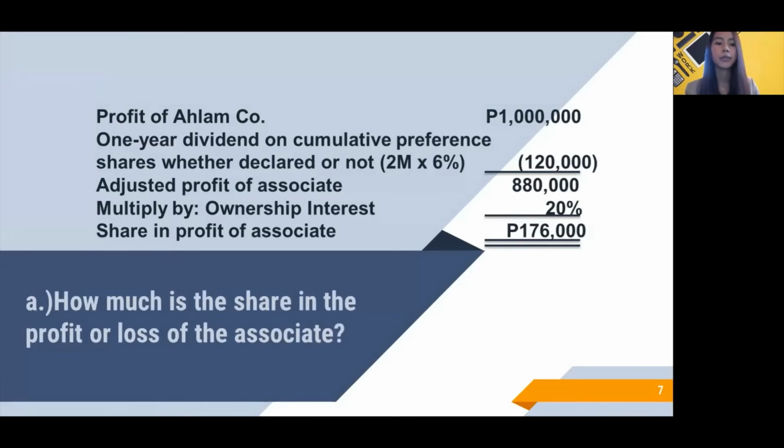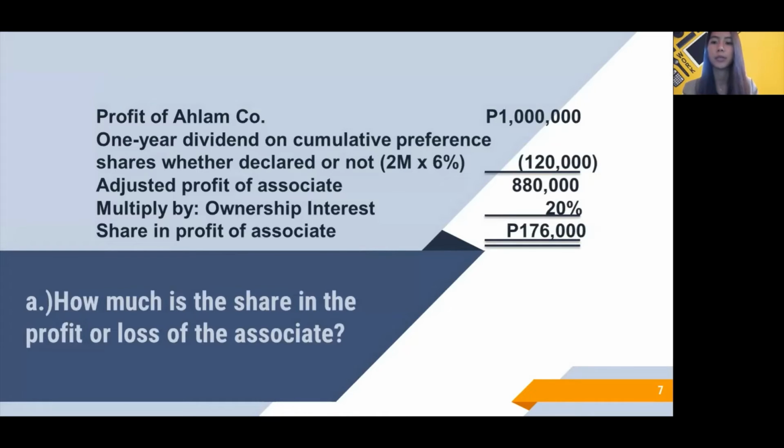So ayan, to compute for letter A, we need to compute the share in the profit or loss of the associate. So to get that, dahil sinabi ng problem na it has outstanding cumulative preference share, and also sinabi na no dividends were declared, so ganito siya. So kung maalala nyo yung sinabi ko kanina when it comes to cumulative preference shares, di ba we deduct 1-year dividends whether dineclare or hindi.